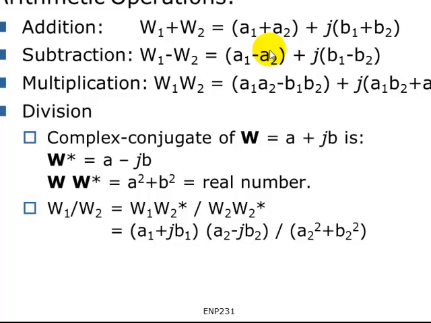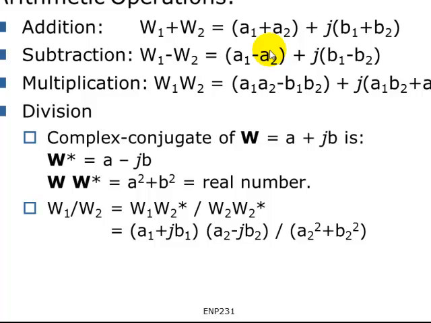So the way that we do division is if we divide W1 by W2, we actually do W1 times the complex conjugate of W2, divided by W2 times the complex conjugate of W2. Basically it converts a division into a multiplication. So we end up multiplying W1 and the complex conjugate of W2.